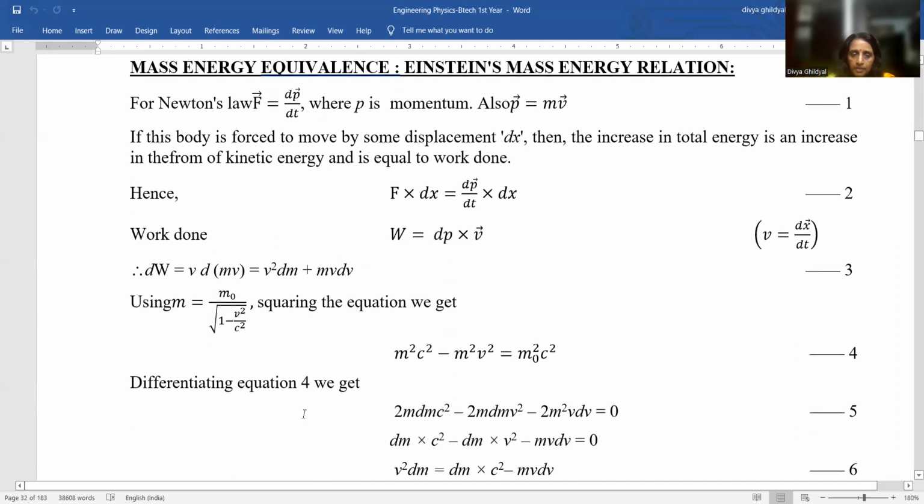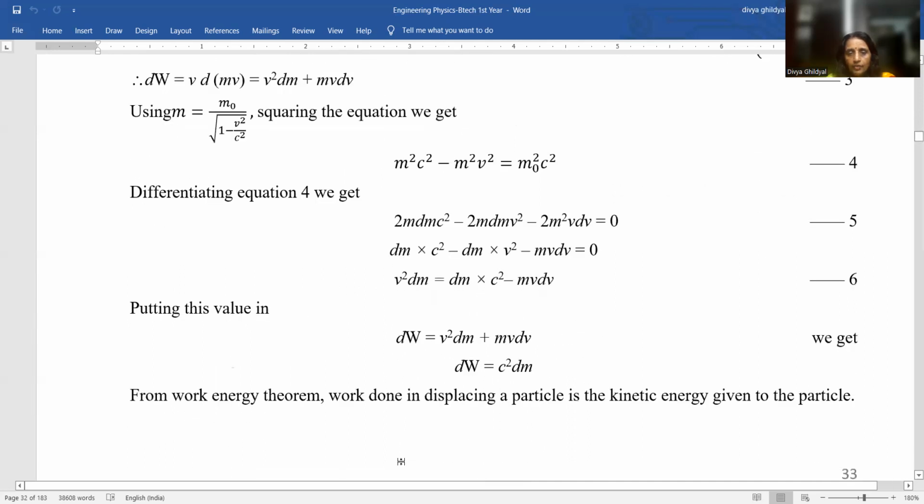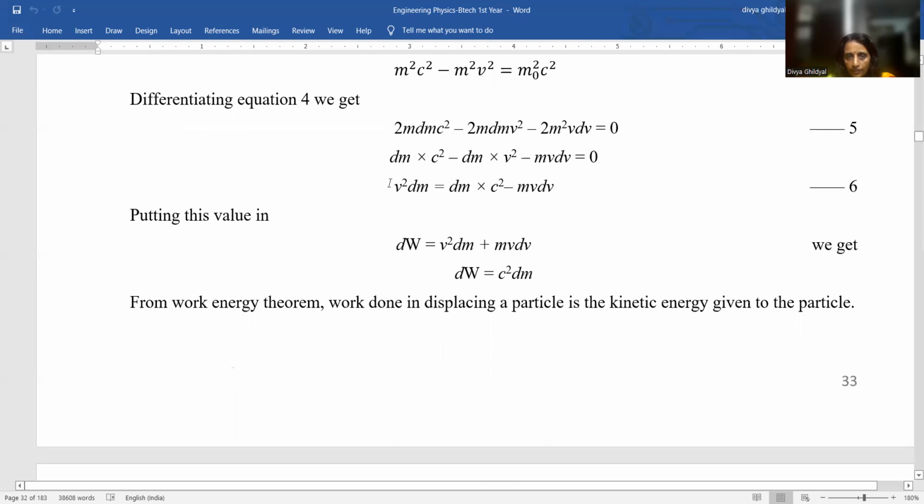Or a simple trick is to cross multiply and square the value. So you get this equation, m square c square minus m square v square is equal to m naught square c square. Now we will differentiate this equation once again, and after differentiating, we get v square dm is equal to dm into c square minus mv dv.